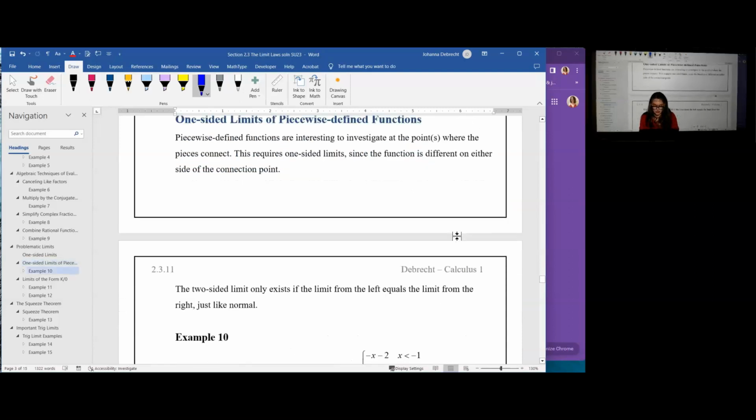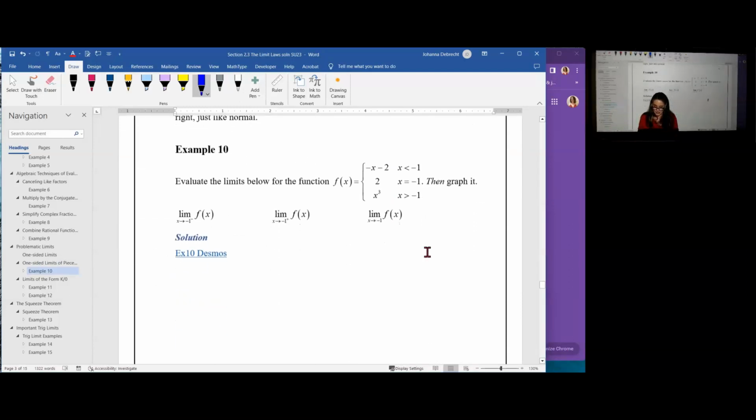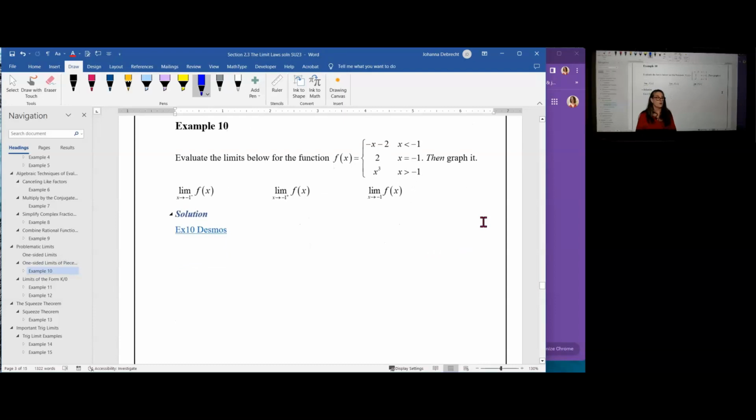Let's now talk about piecewise defined functions. These are very interesting functions to investigate, namely at the points where they connect. So let's take a look at a piecewise defined function and talk about how to evaluate it. You'll see that this has 3 different pieces, and it connects at the value of -1 in all 3 cases.